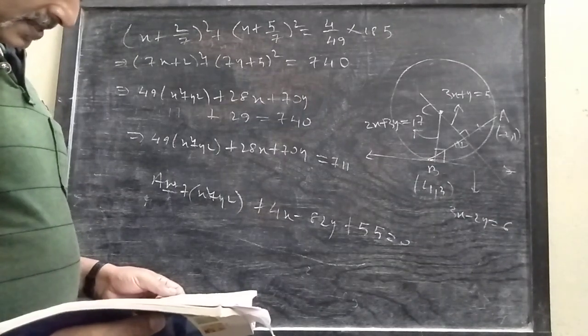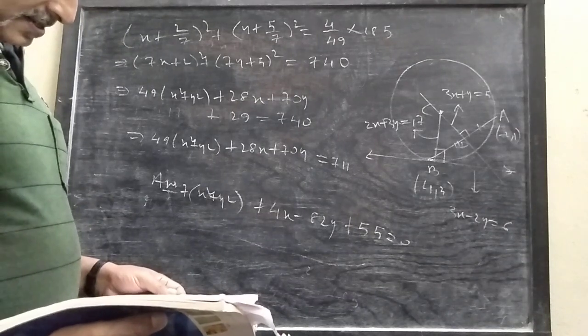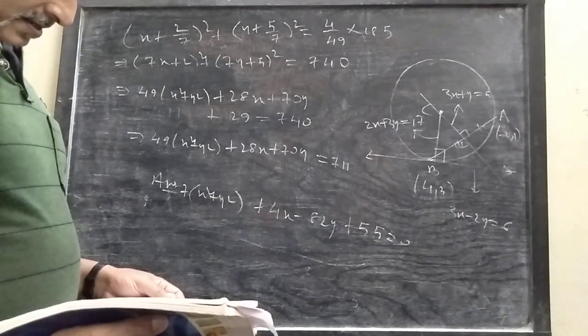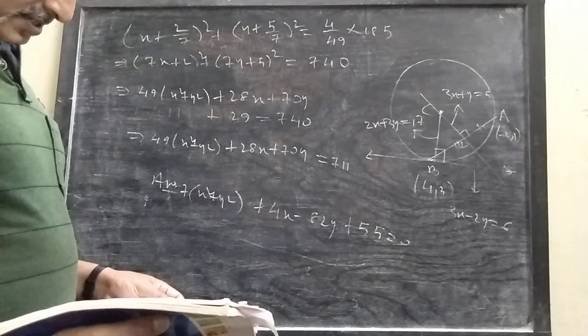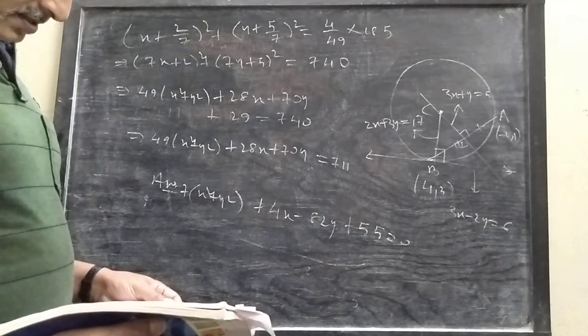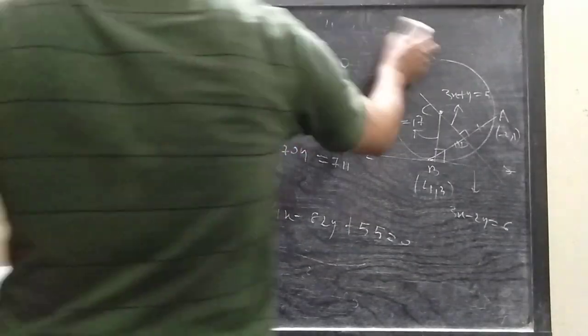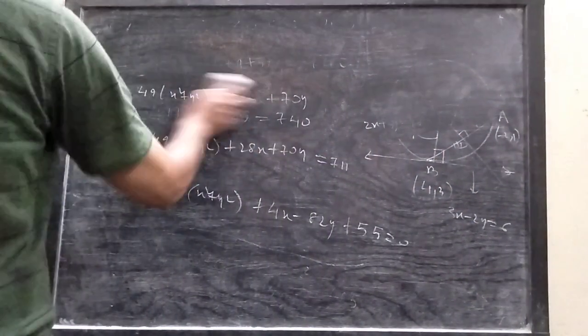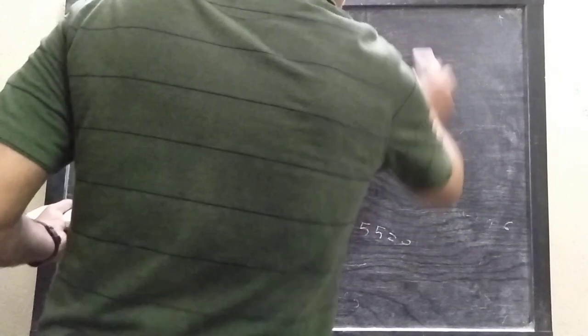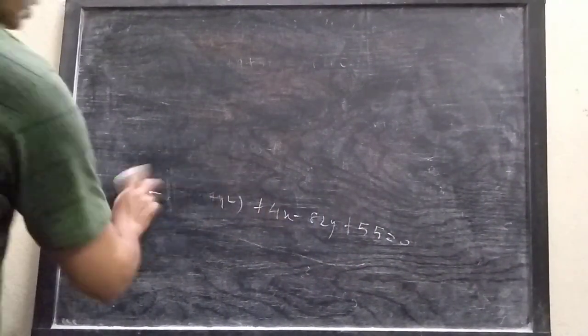So let us end with finding the equation of the circle which touches the axis. The last question will be given to you as homework, because this type of question I have solved in your previous class. You have to do it at home.